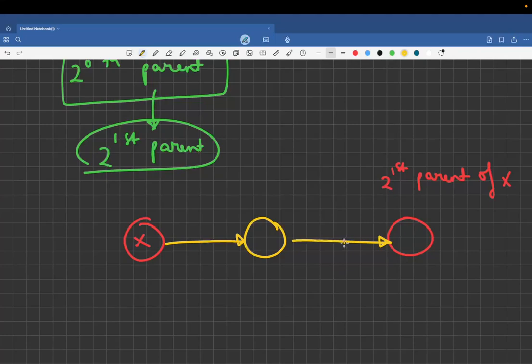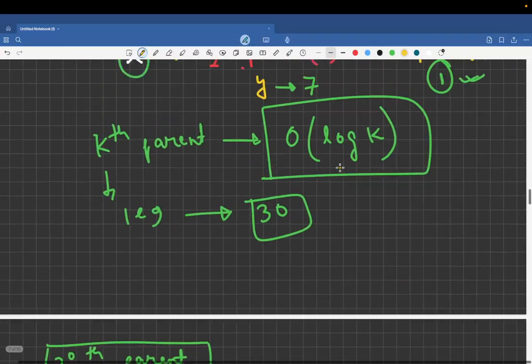Can I say this? Just think. This is actually nothing but the 2 power 0th parent of X. And this is also nothing but, if this node is Y, then this is nothing but the 2 power 0th parent of Y. Can I say this?